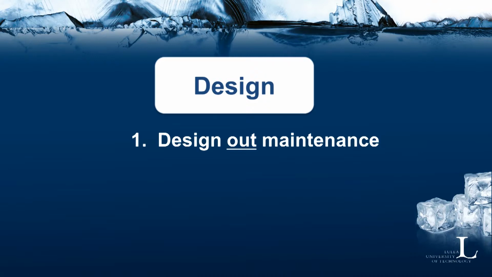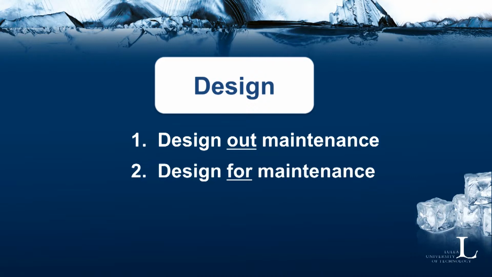Second, we can execute the maintenance issues by designing for maintenance. If I cannot design out something for maintenance, then we can use the concept of design for maintenance. Often design out maintenance is expensive and it takes time.